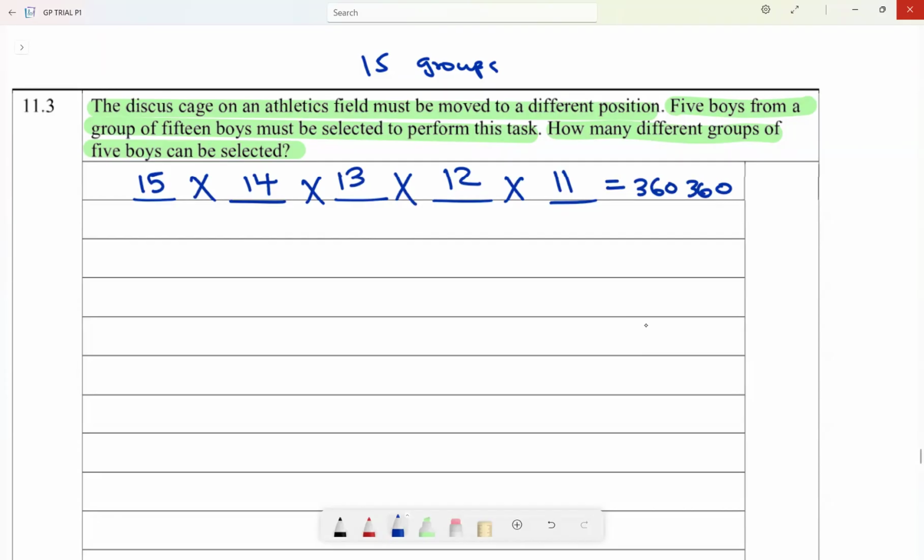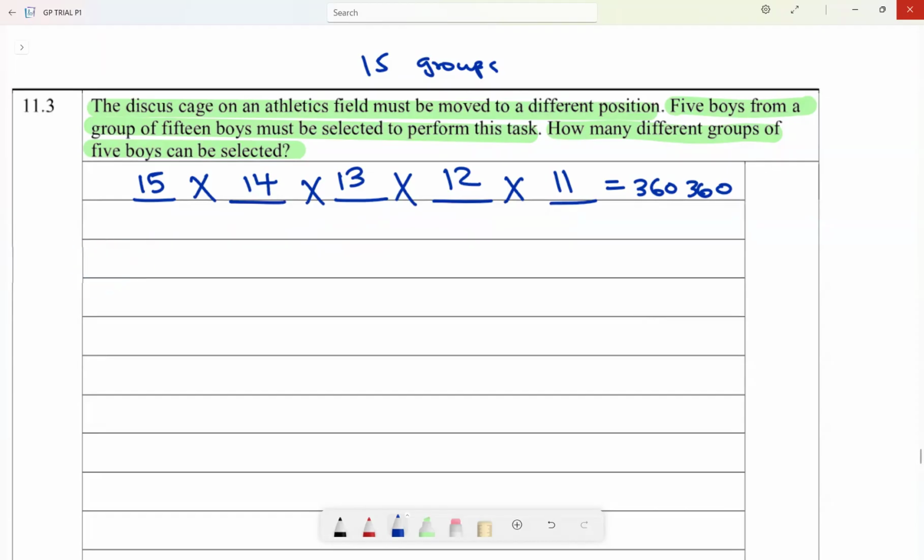But these boys can be arranged in 5 possible ways, okay? These boys can be arranged in 5 factorial ways.